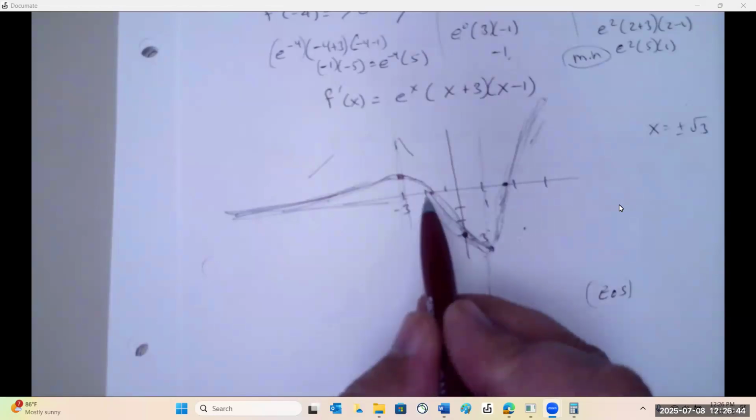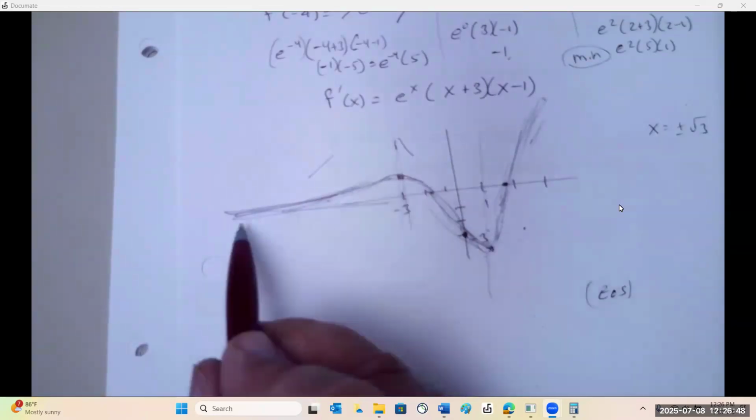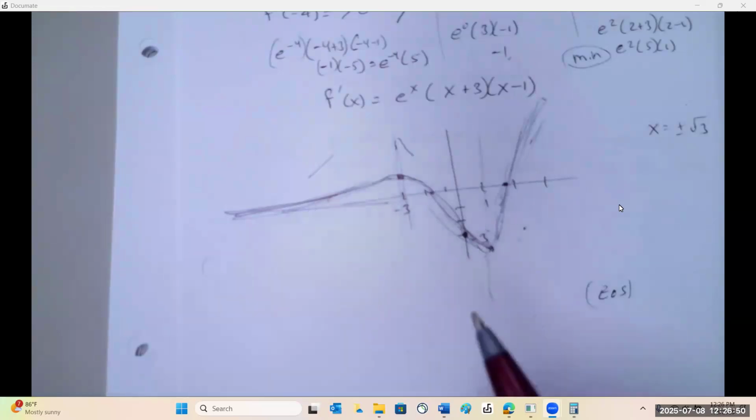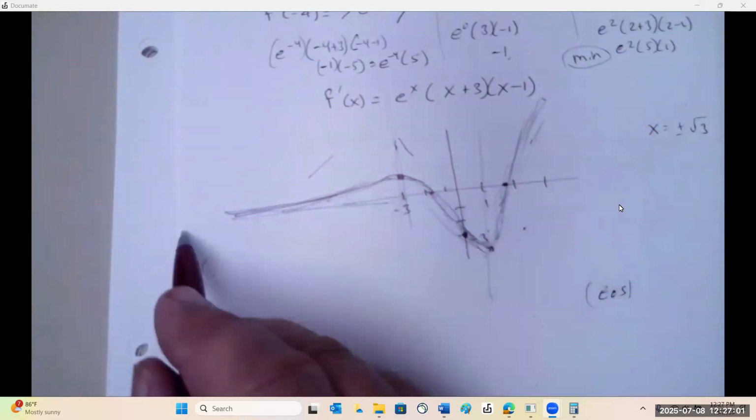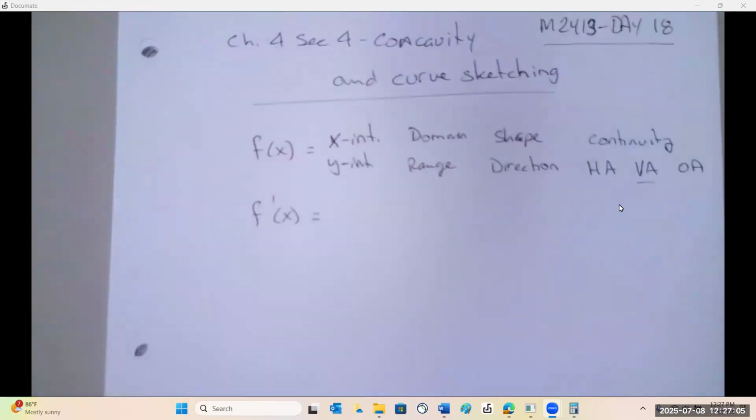If your graph crosses the horizontal asymptote, it has to go back and start approaching that horizontal asymptote from the other side. A horizontal asymptote has to be approached by the graph at some point. If it crosses, then it has to start getting towards it. Let's see what else. We'll come back to that.